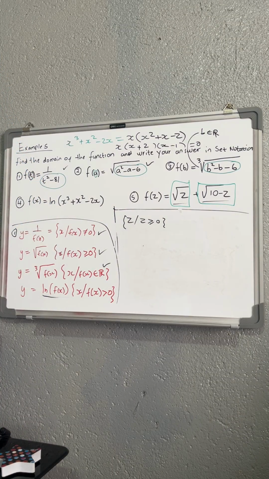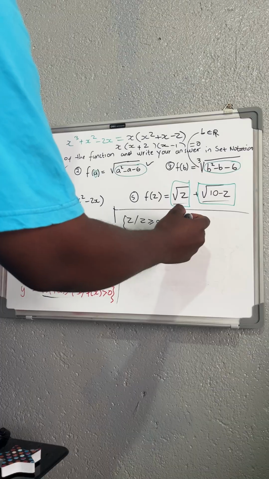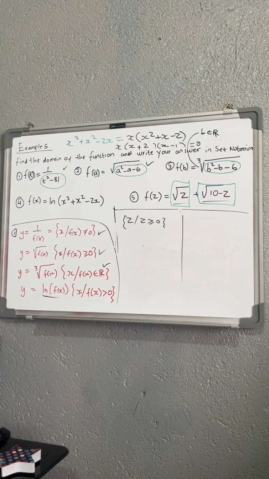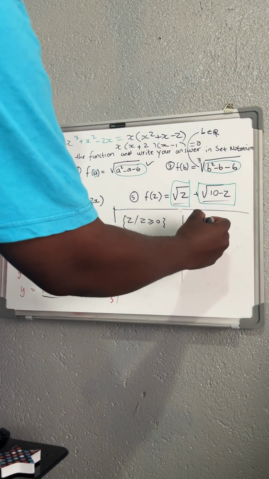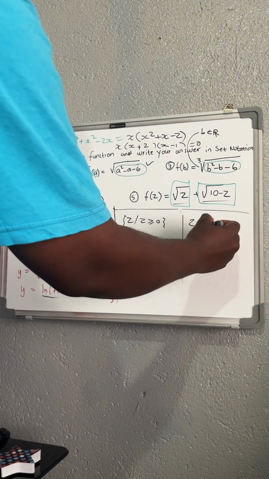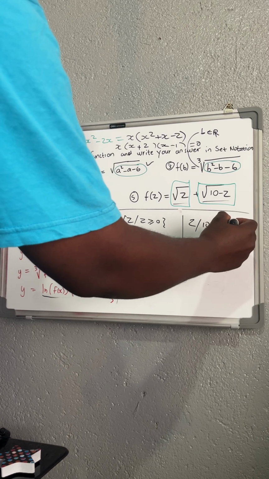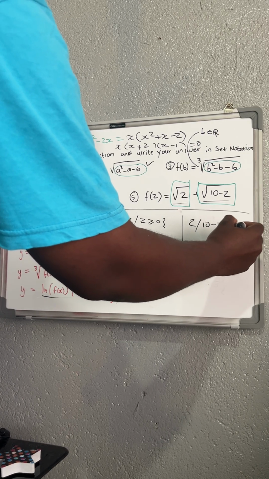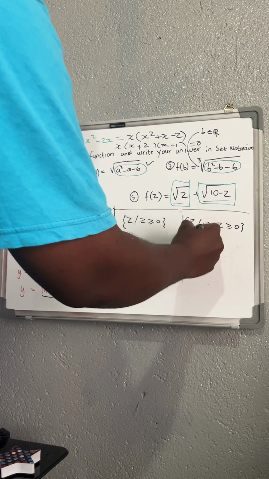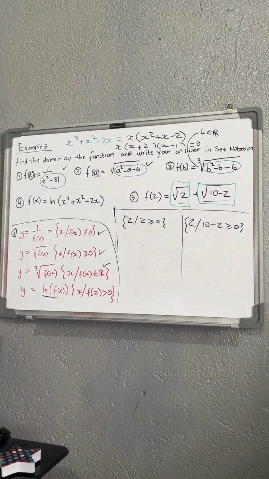You see? So now on this other side, let me just do it like this. We solve it in twos. We can say 10 minus z should be greater than or equal to 0.